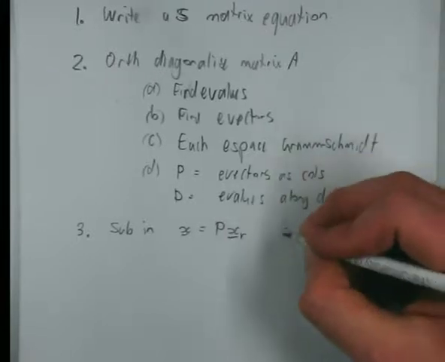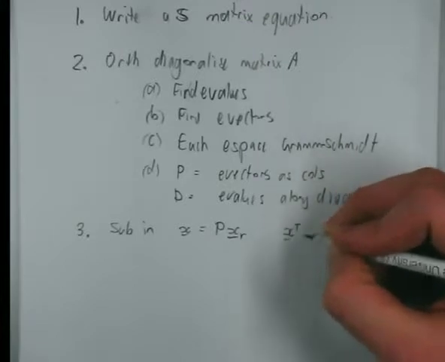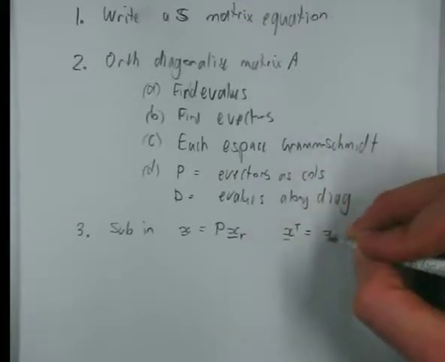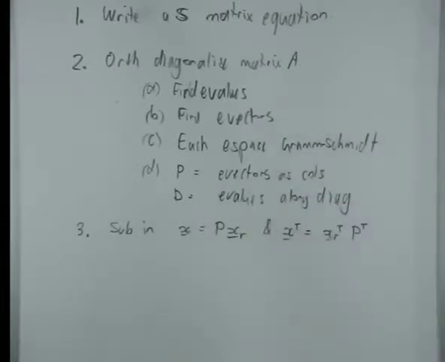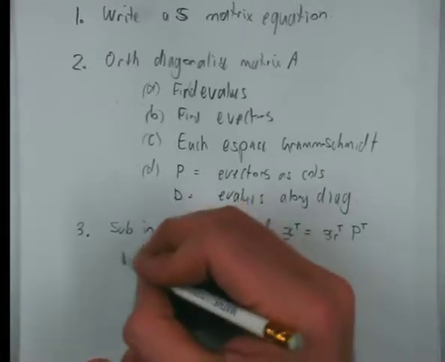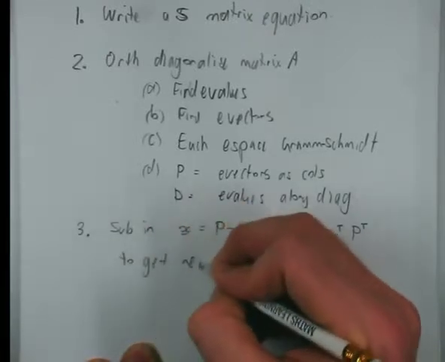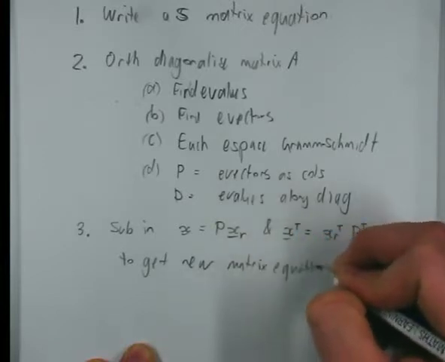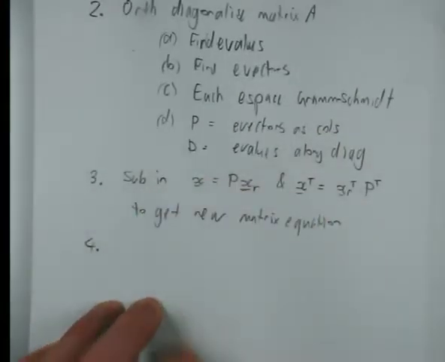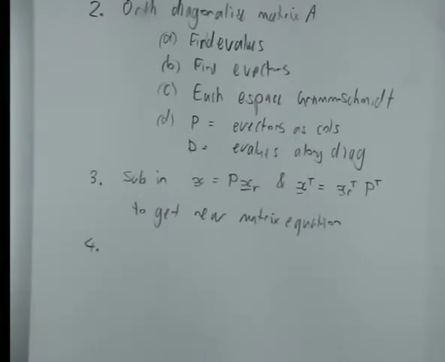And so you'll also get that x transpose will be xr transpose P transpose. So you sub both of them in. So you take your original equation and you replace the x's with those things, and then what you get is a new matrix equation. And then step 4 is to now rewrite that matrix equation as an ordinary equation.